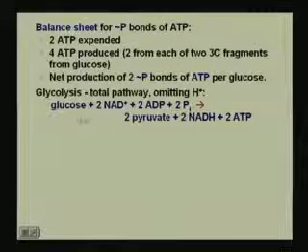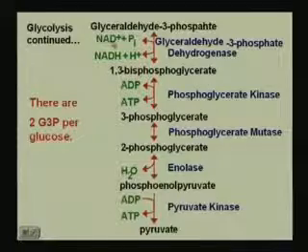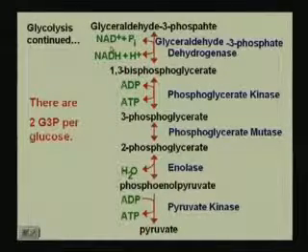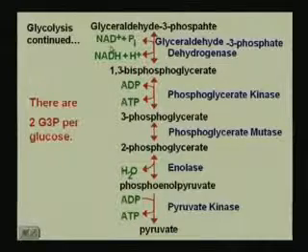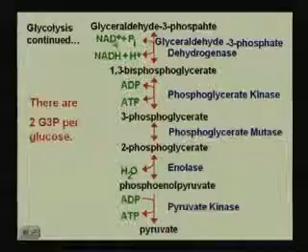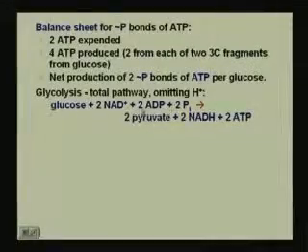Okay, so our overall step is going to be glucose plus 2 NAD plus. Where did we use this NAD plus? We used 1 here. Is it just 1 here? 2 here, because we have again 2 of G3P. Okay, so this is where we are using 2 of them. Then 2 ADP and 2 Pi.